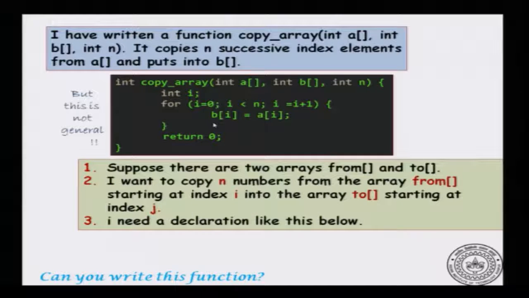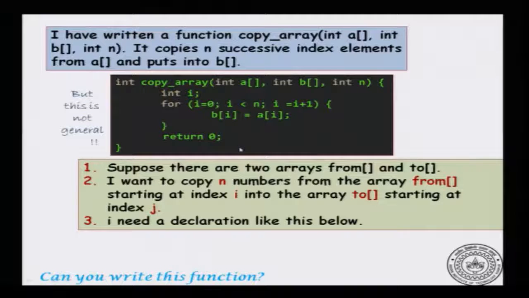But this is not general, and I want to solve the following problem. I have two arrays, let's name them from and to, and I want to copy n numbers from the array from to to, but I have an additional requirement. I want to copy n elements from index i.